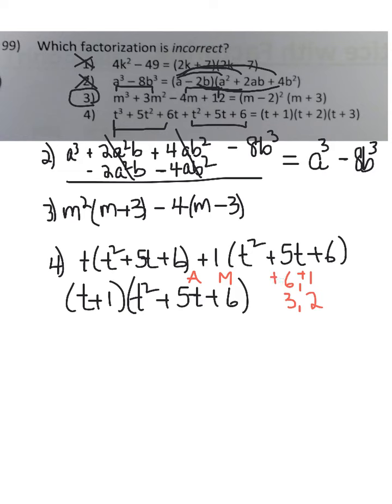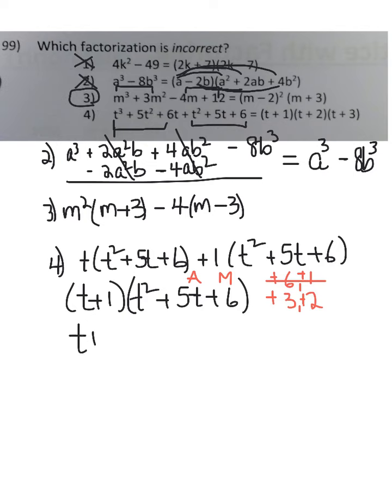So let's look at the other option. If I have a positive 3 and a positive 2, when I add these two, will I get 5? Yes, I will. When I multiply them, will I get a positive 6? Yes, I will. So we're going to use the plus 3 and the plus 2.